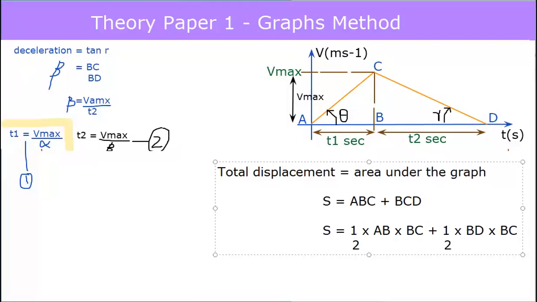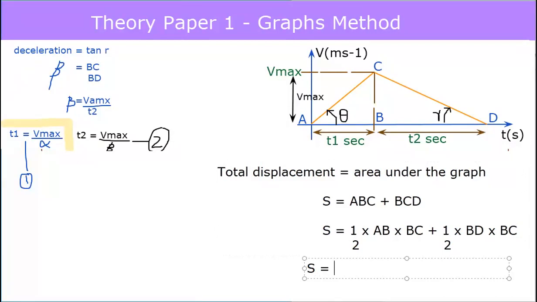So what have you obtained here? I gave you enough time to write here. So S equals half into base AB. AB is T1. Actually, we have an expression for T1, that is Vmax over alpha.